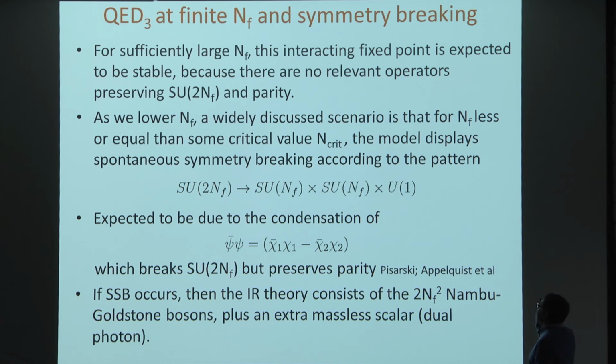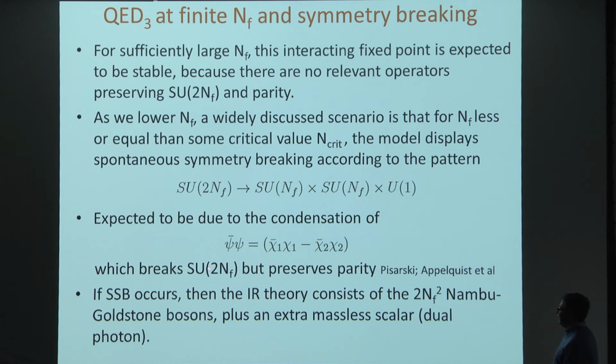So the picture that I think Pisarski originally invented was that the condensate of this operator will appear. It preserves parity, because that's an assumption. We want to keep the theory parity invariant. Each of these flips sign under parity, but you just interchange the two, so there is a definition of parity.